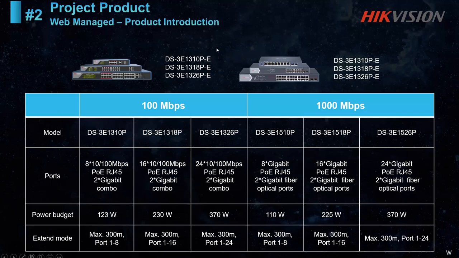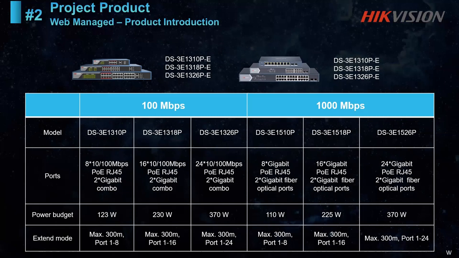And I think Varuna, talking about the web managed product series, we have also broken it into two categories with the 100M and 1000M. So could you please give us a little overview about these products? Yeah, obviously. As you can see, initially we have classified these switches into two categories, the 100 Mbps range and the 1000 Mbps range as well.